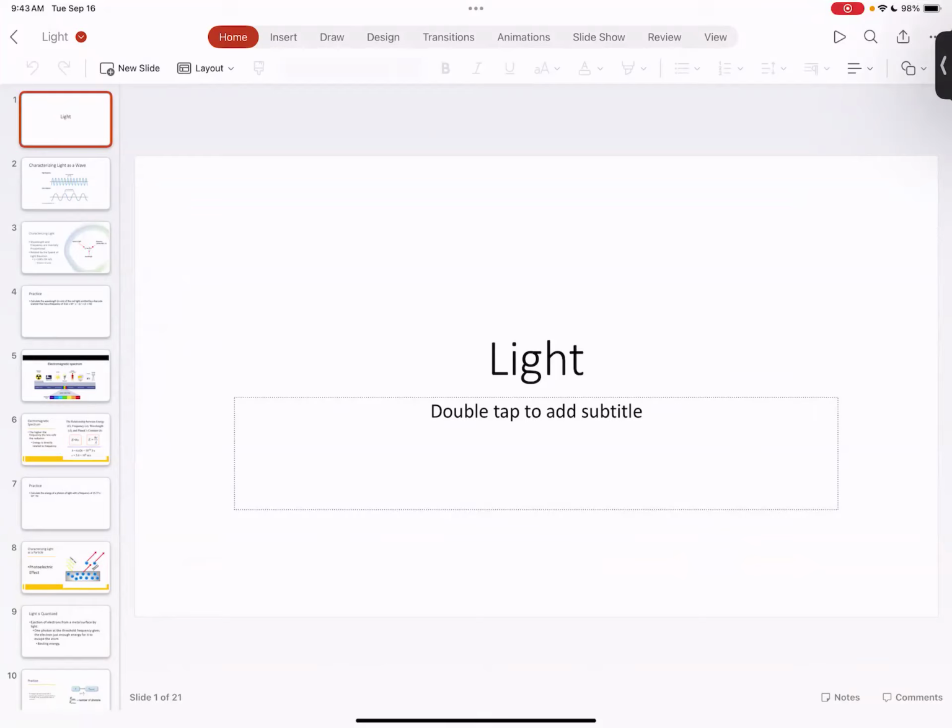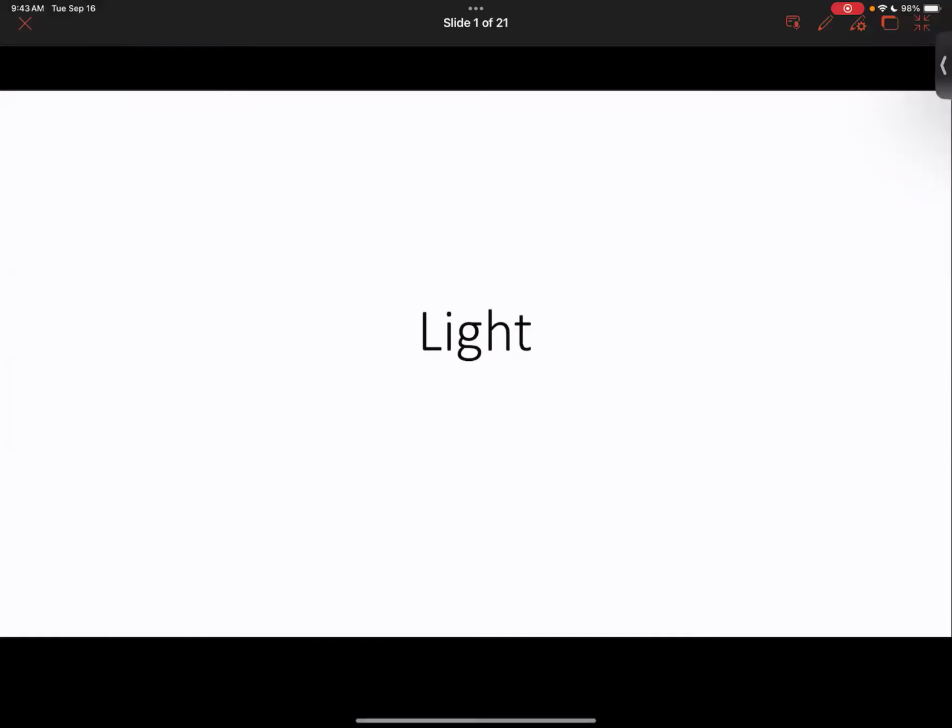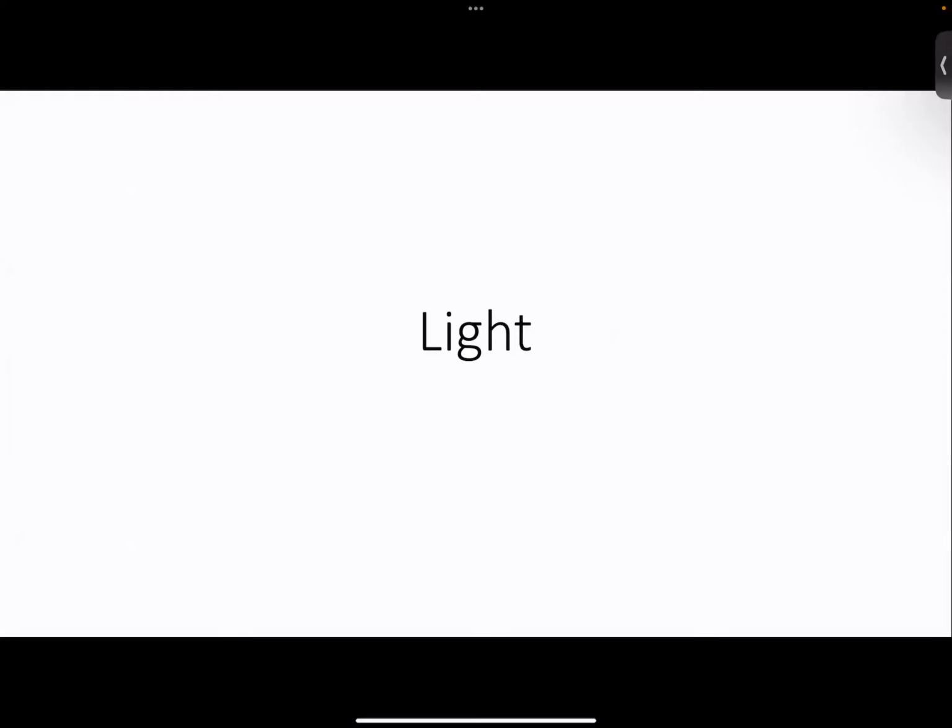So yesterday you basically started chapter 2's information. And really, chapter 2 can be broken down into two key pieces.